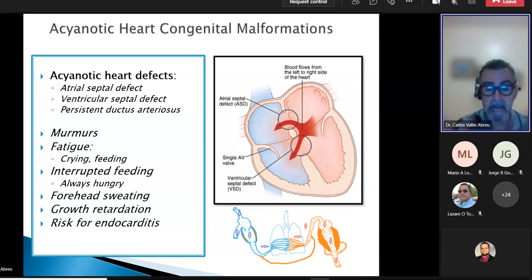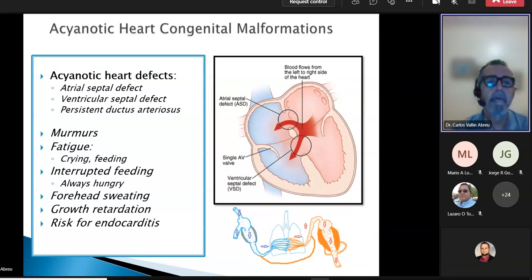So what is the scenario? A baby that starts sucking and then interrupts the feeding too early, before filling the stomach, and maybe you notice some distressed breathing, maybe sweating, because of the stress, and falls asleep.